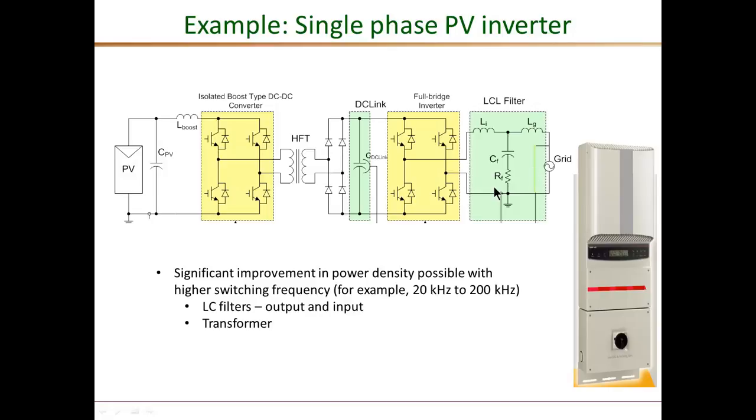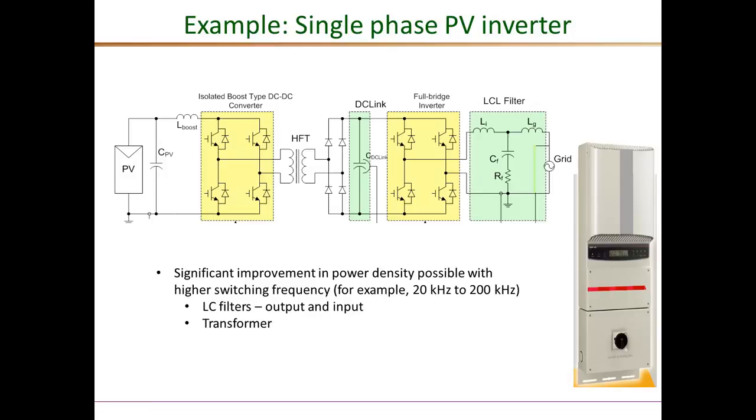Now, this is an application that can significantly benefit from the use of wide bandgap devices to push the frequencies from the currently used 10 to 20 kilohertz to about 200 kilohertz, thereby achieving a significant improvement in the power density, meaning much smaller size and weight, which are important metrics for a PV inverter, as well as reduce the losses by more than 50% of the current solutions.